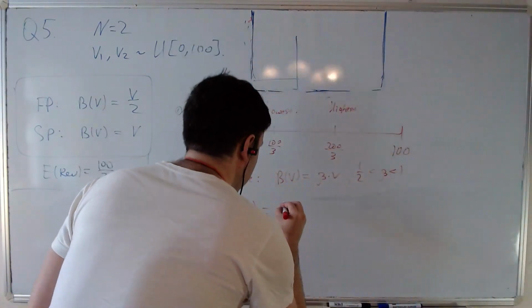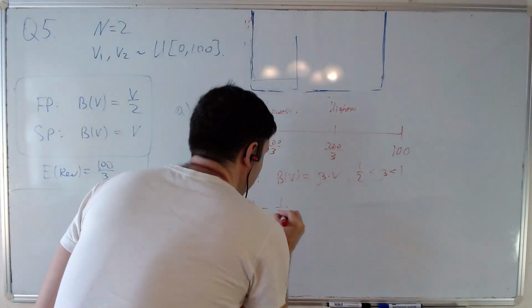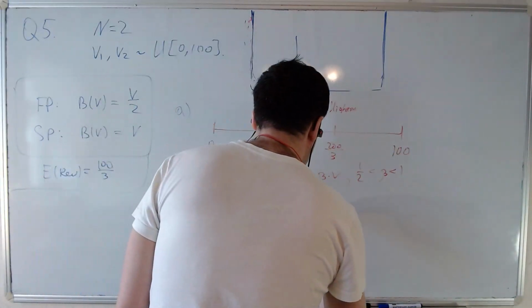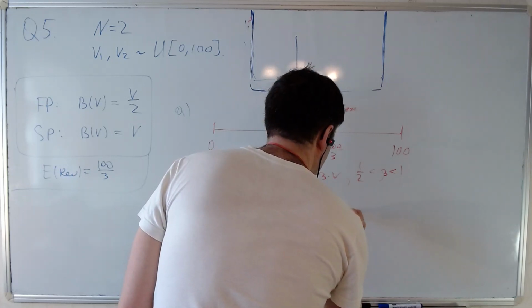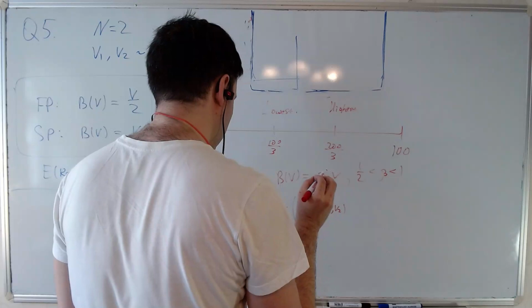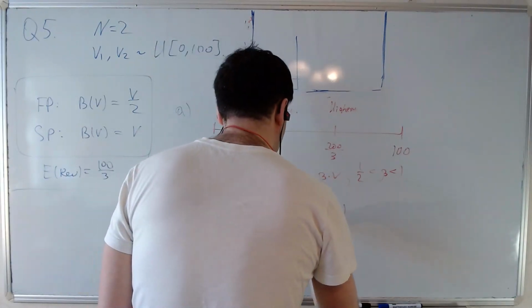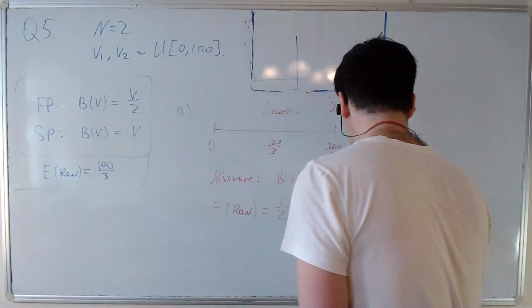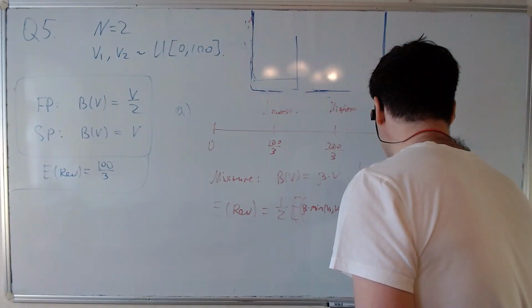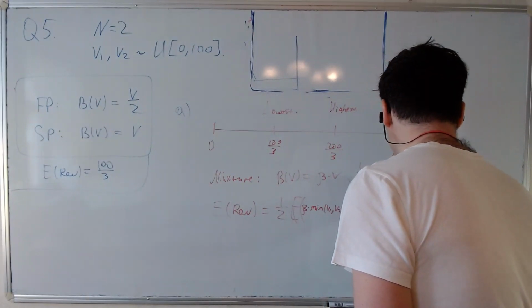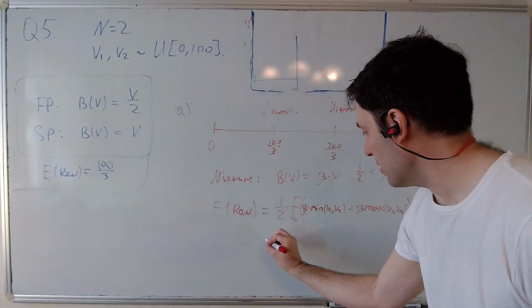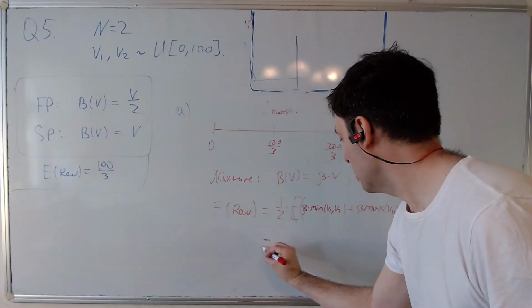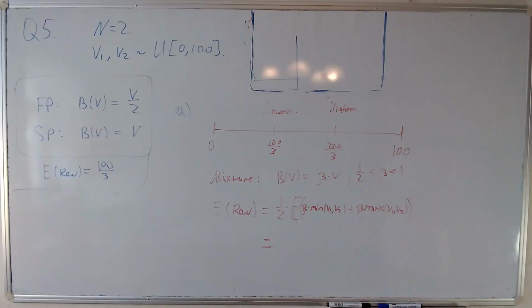So what we have is 1/2, that will be the arithmetic average, beta times the minimum of v1, v2, well, let's put expectation here, plus beta times the maximum of v1, v2. I don't have to write it that complicated, but let's write it this way.